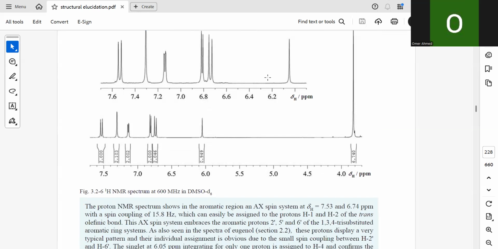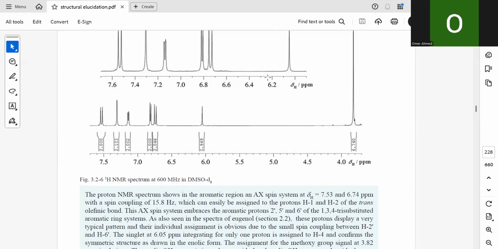So the proton NMR shows in the aromatic region an AX spin system. So what is an AX spin system? This means A and X are two non-equivalent protons, and they are scalar coupled to each other.